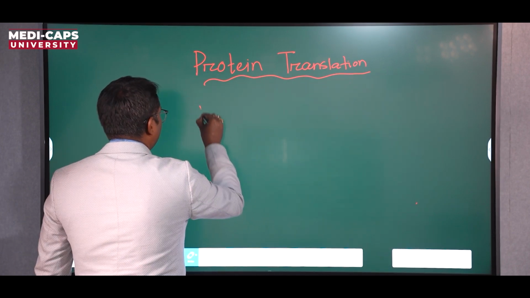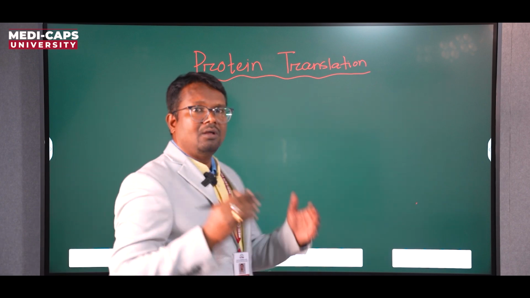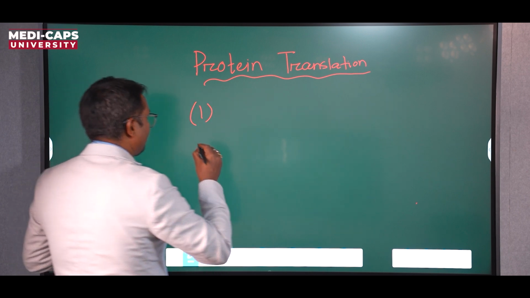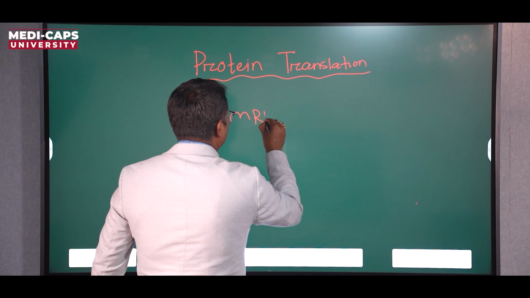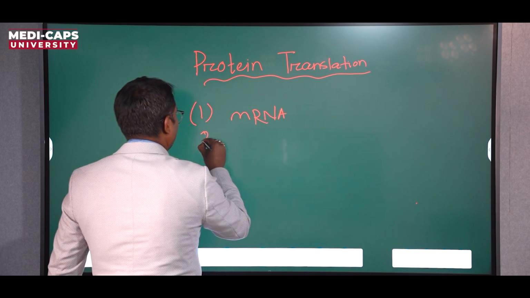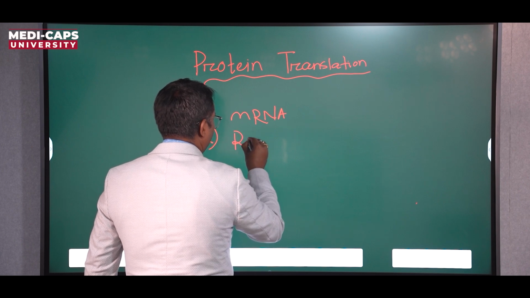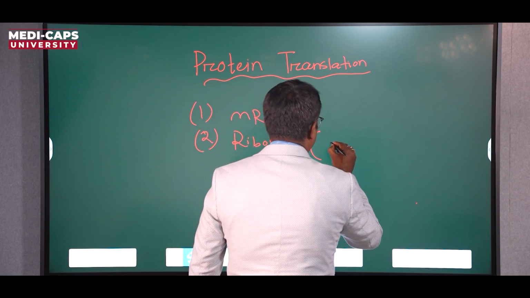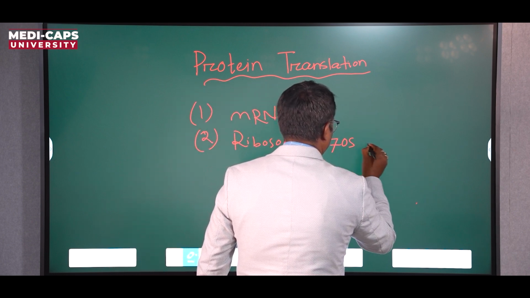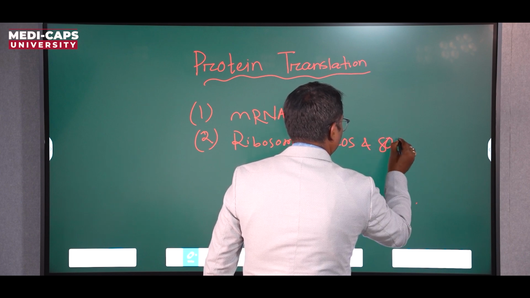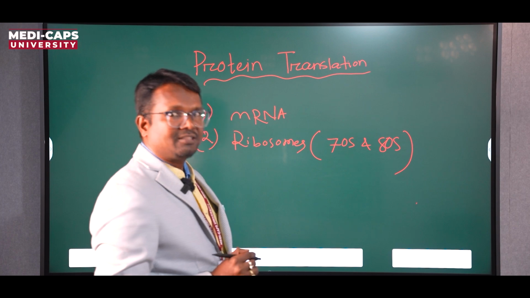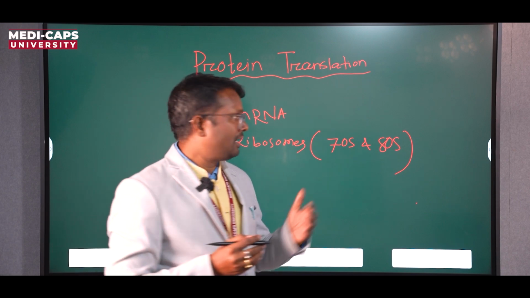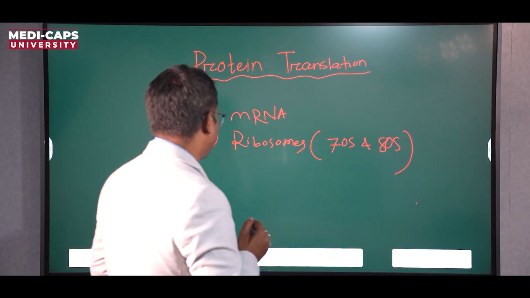So I mention here foremost important things to conduct the protein translation event are the mRNA, that is the gene, ribosomes (70S and 80S ribosome). 70S stands for the ribosome system of the prokaryotic system, and 80S is for the eukaryotic system.